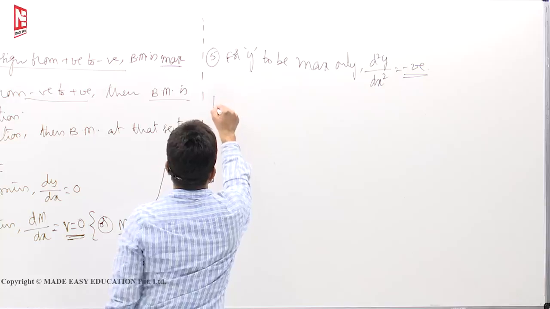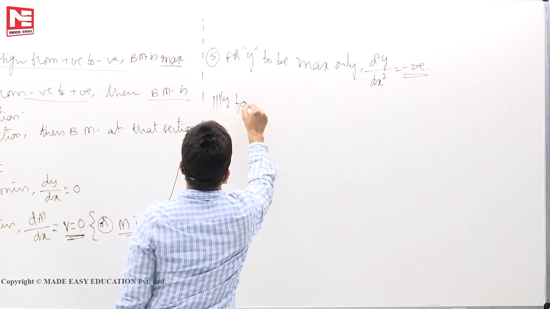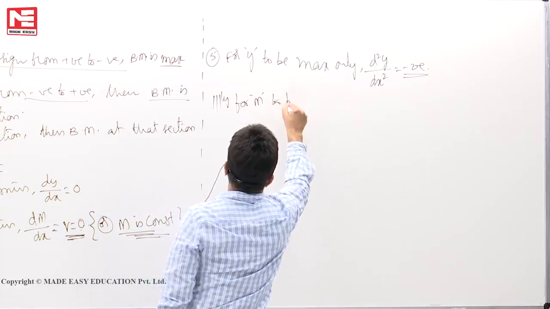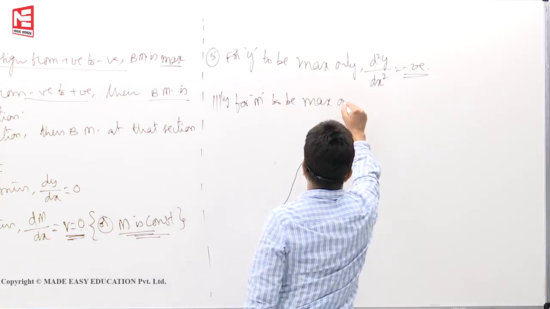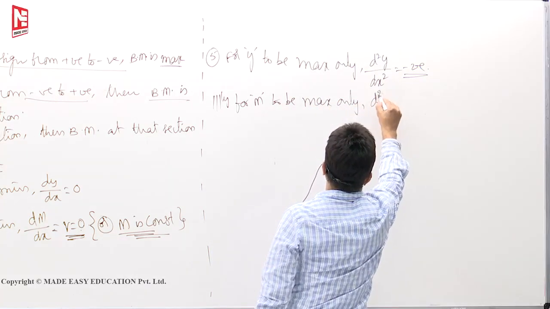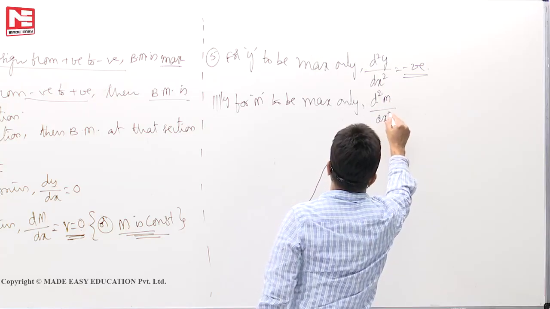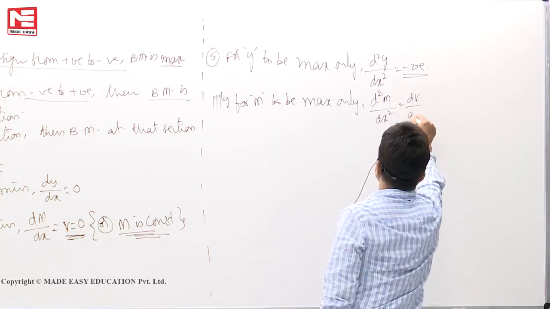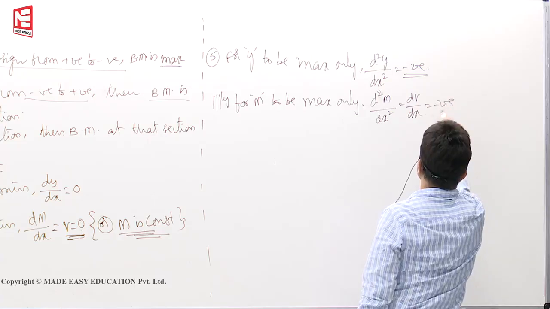Then similarly, for M to be maximum only, d square M by dx square, which is nothing but dV by dx, should be negative.